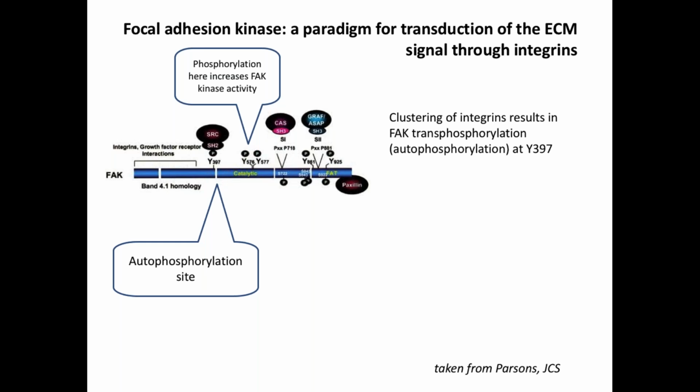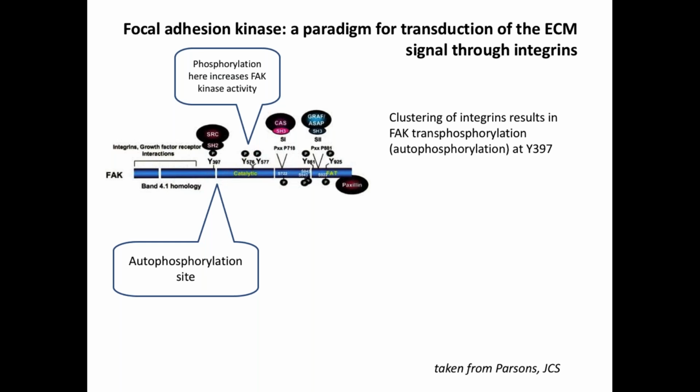It's a non-covalent chemical interaction, and you change the affinity of that site for Src. Because you phosphorylated that tyrosine, the SH2 domain on Src now has a good enough affinity that it can bind to that phosphotyrosine, and so you recruit Src. It's an example of how proteins are recruited to other proteins through these non-covalent interactions.